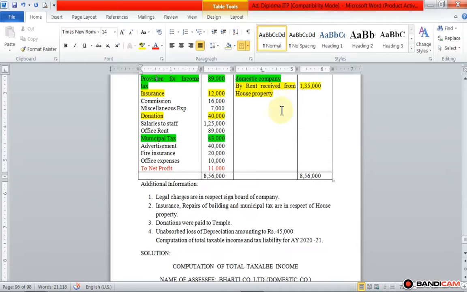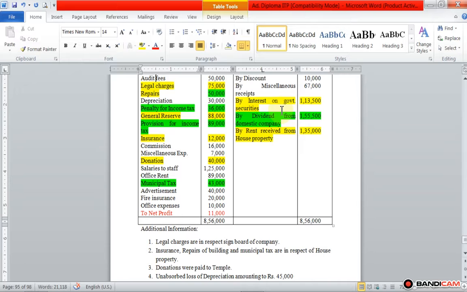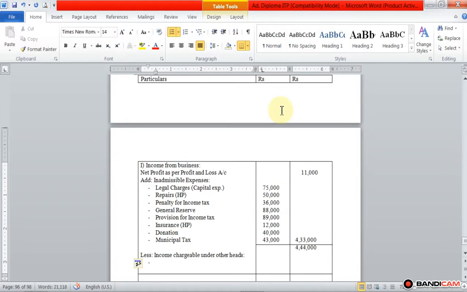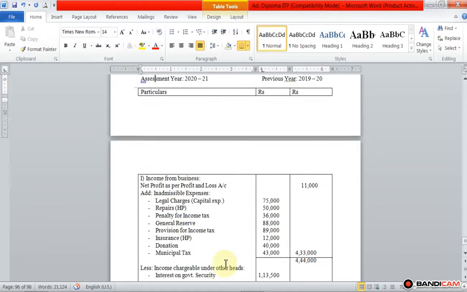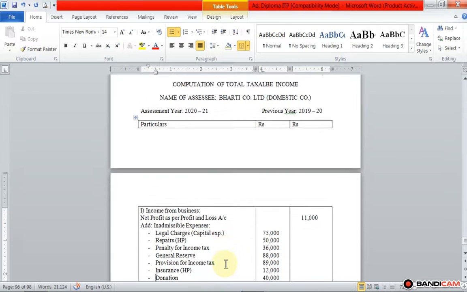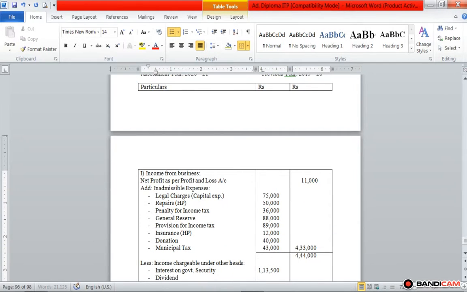On the credit side of the profit and loss account, there is interest on government security amounting to rupees 1,13,500. Then dividend 1,55,500.